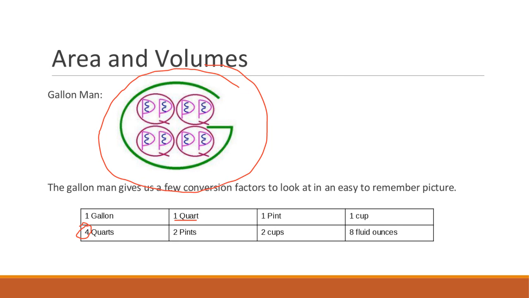And then I added this: a cup in the US has 8 fluid ounces in it. So 2 cups is also 16 fluid ounces, and 16 ounces is a pound. So it's helpful to remember some of these. Gallon Man helps with volume. It's another mnemonic device to help you get pretty much all of these quickly if you need them on the fly.